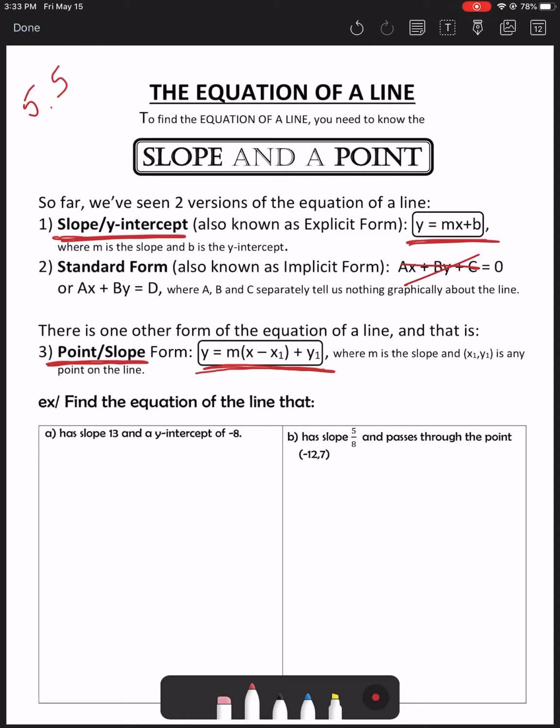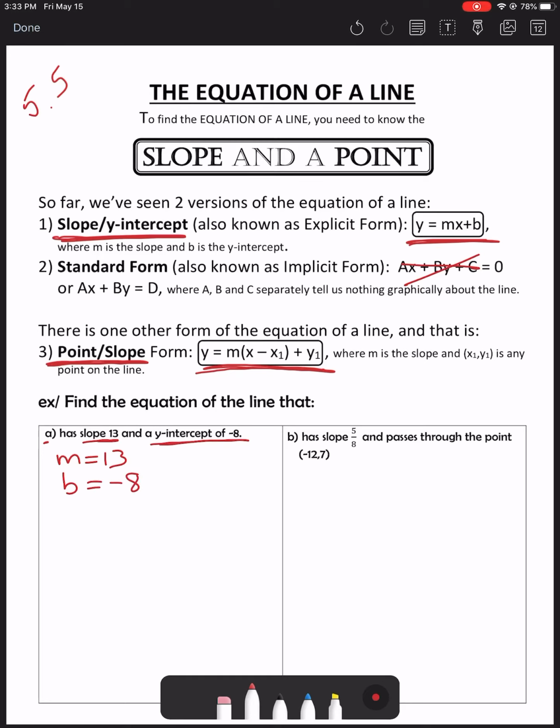Okay, so find the equation of a line that A has a slope of 13 and a y-intercept of negative 8. Well, if the slope is 13, that means that m equals 13, and the y-intercept is -8, well, that means that b equals -8.